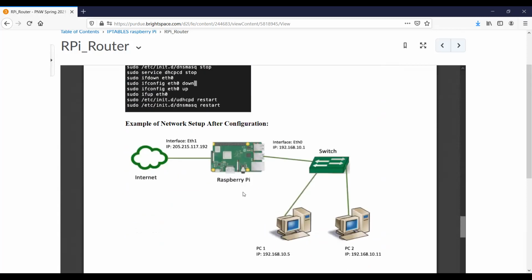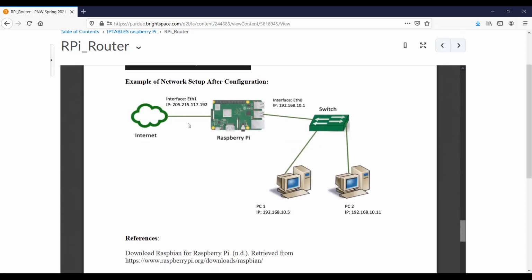You can see the setup there. Basically, once we have the Raspberry, we have two network interfaces, one on the internet and one, the inside one, and then you can connect all your computers. At school, we would connect this to the school's network, so that would give us a 205 IP, and then the computers that we connect here via DHCP would get their own IPs as well.